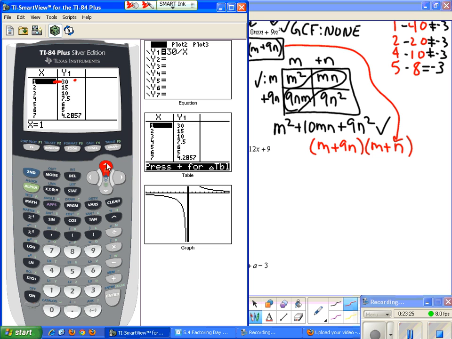So 1 minus 30 does not equal negative 7. 2 minus 15 is also not equal to negative 7. 3 minus 10, this one right here does, so 3 and 10 are my factors of 30, because 3 times 10 is 30, and 3 minus 10 gives me negative 7.